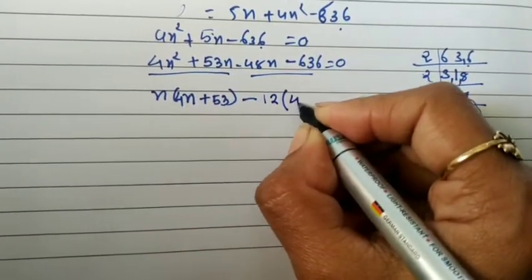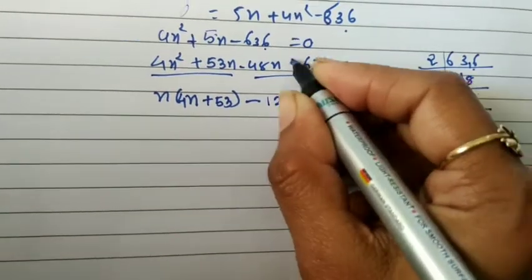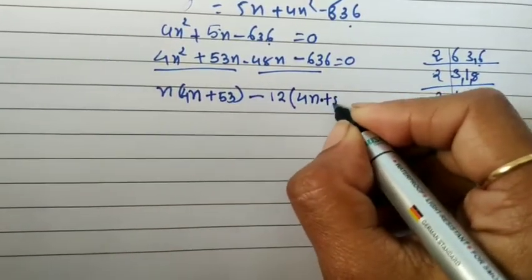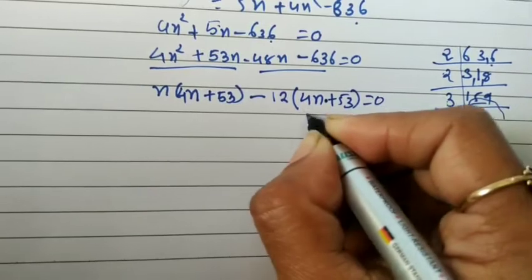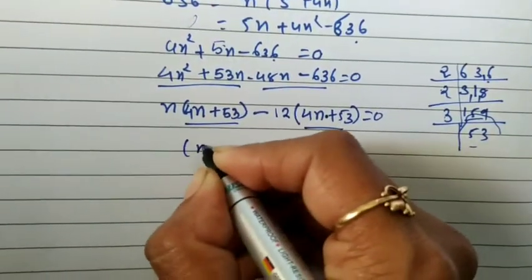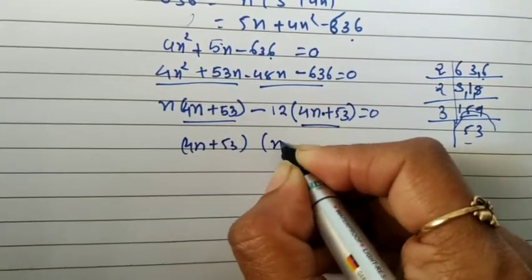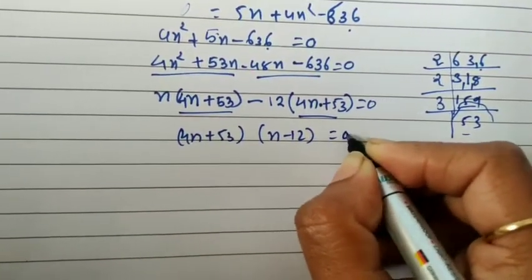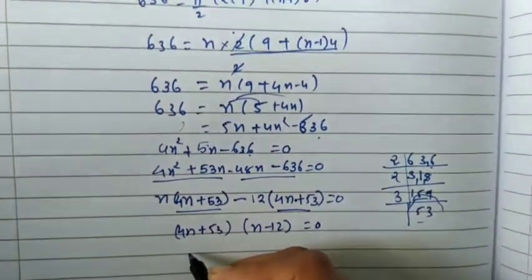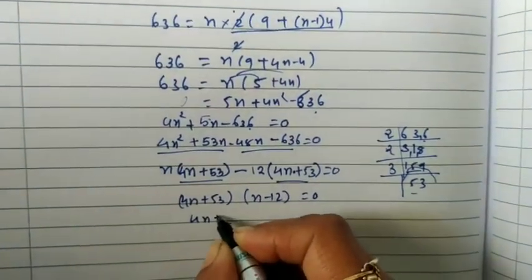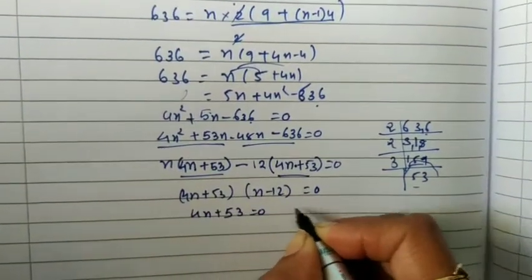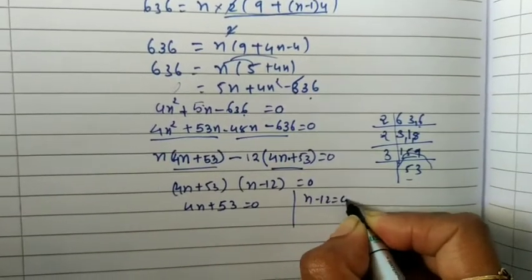So what will remain here? 4n minus. If we take minus common, it will become plus, and that is equal to 0. Both the brackets are the same, so write it as 1. And in another bracket we will write n minus 12, that is equal to 0. Now here we have to compare it, meaning 4n plus 53 with 0 and n minus 12 with 0.